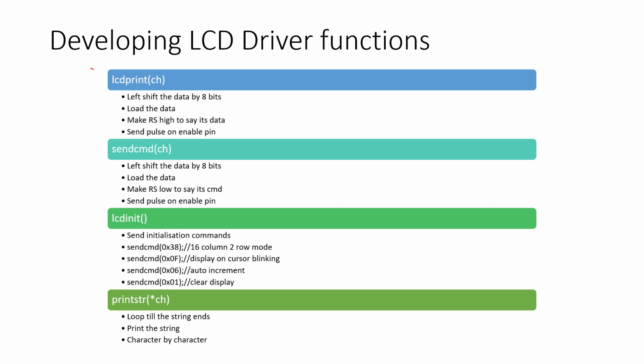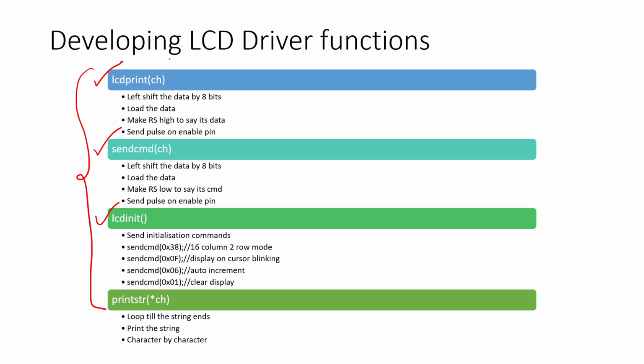So for that, we will be writing LCD driver functions, which will majorly contain two compulsory functions, which are LCD print and send command. LCD print will send data onto the LCD. Send command will send a command to the LCD. LCD init is just a combination of instructions used to initialize the LCD. And print str is an optional function. If you need it, you can use it, or else you can avoid it.